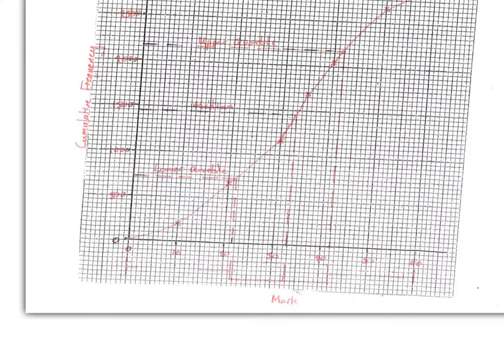Again, then you have to work out things like the median, the upper and lower quartile. So the median is going to be things like half of 2890. And again, if you do that on your calculator, you get 1445, 1450, which is just one small square below 1500.